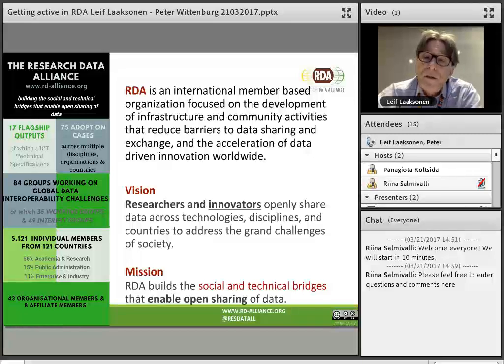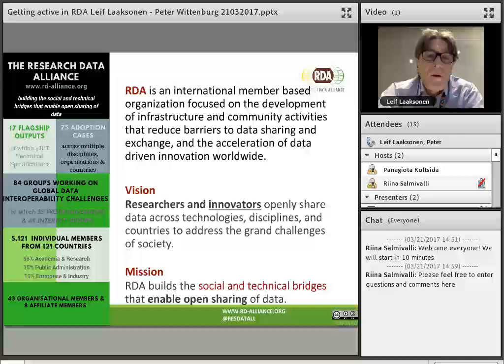And the vision is that the researchers and innovators openly share data across technologies, disciplines, and countries, and address the grand challenges of society. And the mission is to build the social and technological bridges. It's important to understand that we are not talking only about technological challenges. It's really sociological challenges as well.